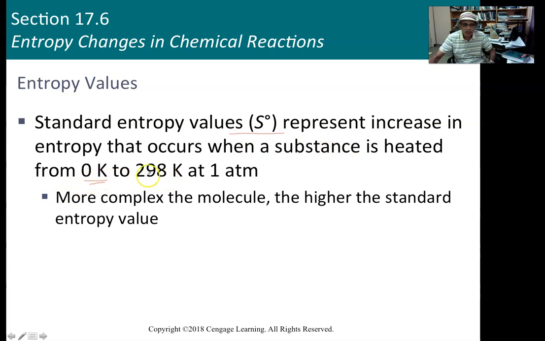So that's what we're referring to. It is the value that is reported relative to the perfect crystal at 0 Kelvin. These values are reported in the book at ambient conditions, which is 1 atmosphere.